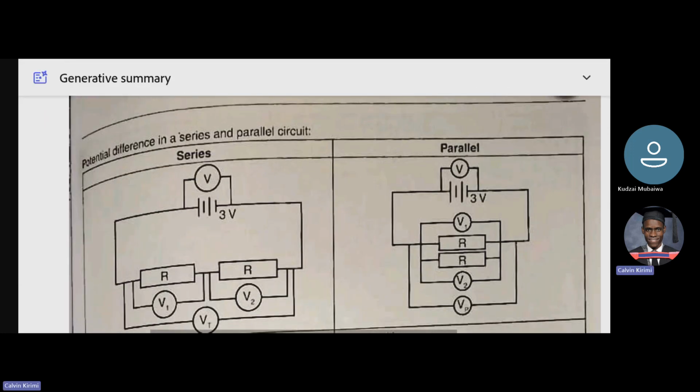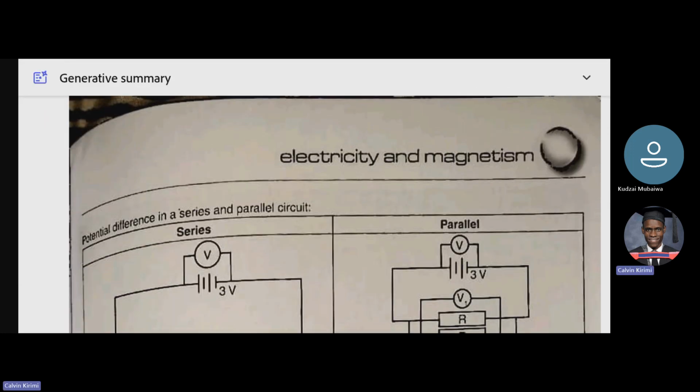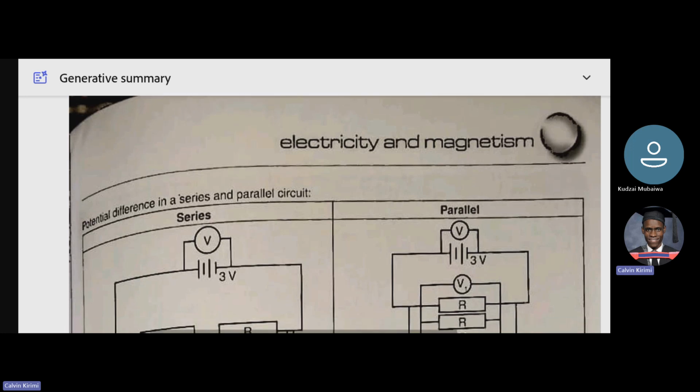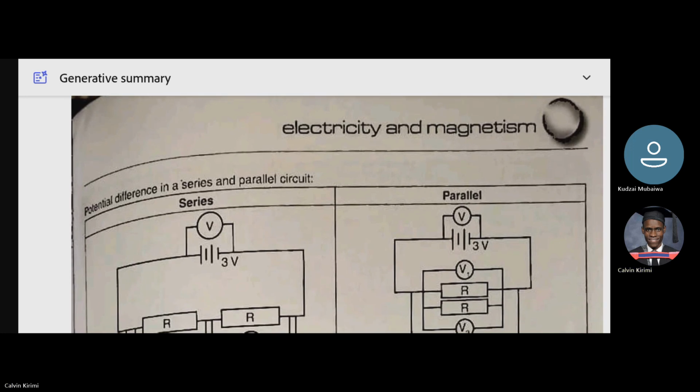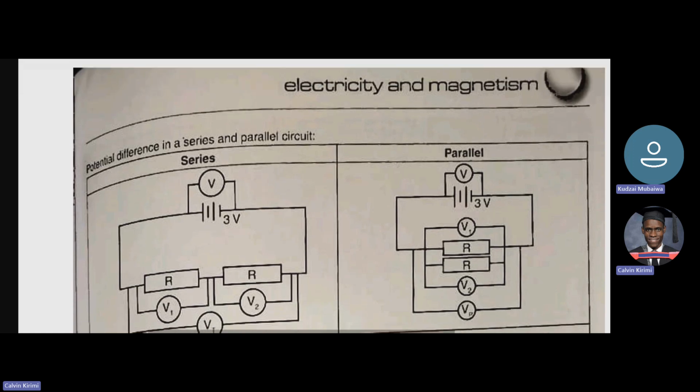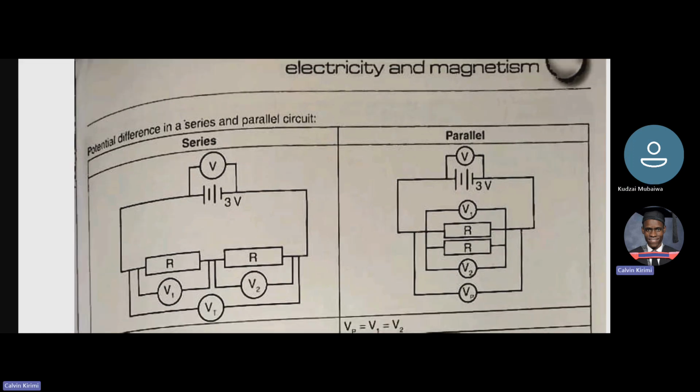All right. So these are the circuits that you sent me yesterday, electricity and magnetism. Is that correct? Yes. So let's just discuss the basics of electricity. This is an electric circuit. It has components. What is the V which you are looking at there?